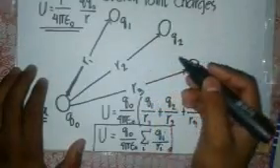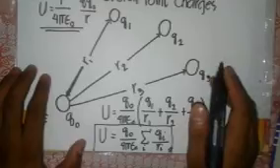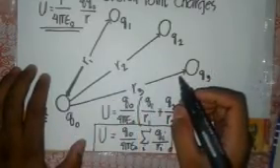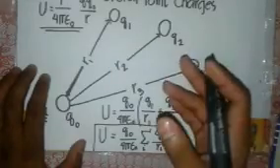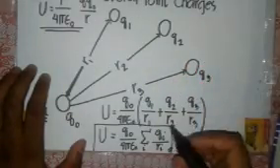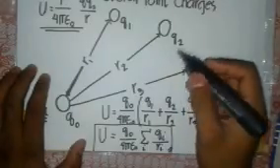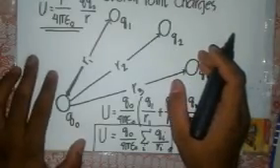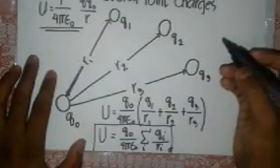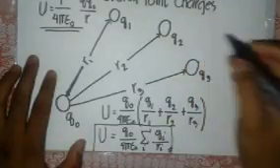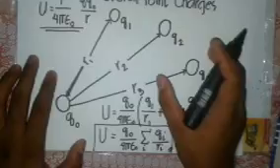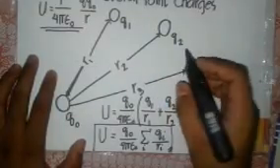Now, if we start with charges Q1, Q2, and Q3, which are all separated from each other by an infinite distance, and then bring them together, between Q sub i and Q sub j is a distance r ij, and the total potential energy is the sum of the potential energies of interactions for each pair of charges.